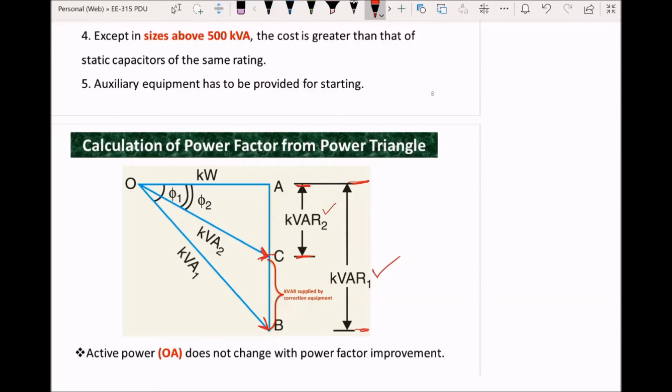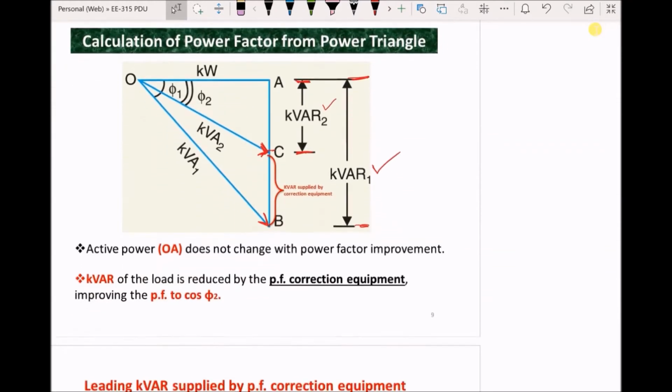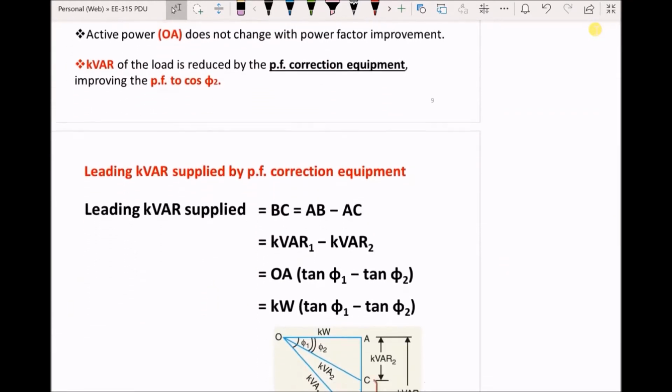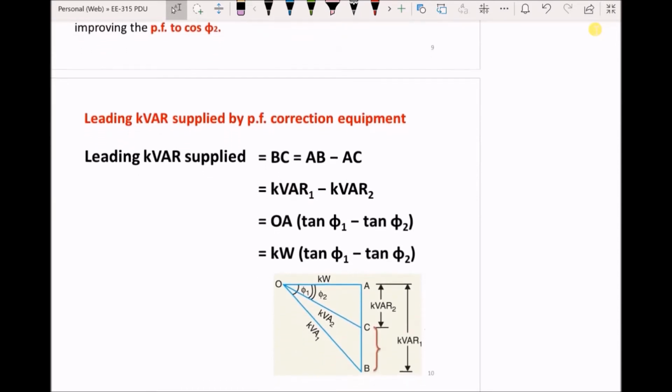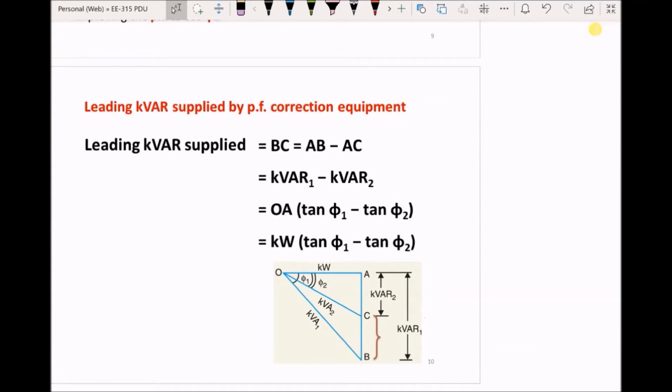So there is an obvious reduction. So at this point, if we want to calculate how much leading reactive power was supplied by the capacitor, that is going to be equal to BC, which I already explained, and BC will be equal to AB minus AC, and that is reactive power 2 subtracted from reactive power 1.